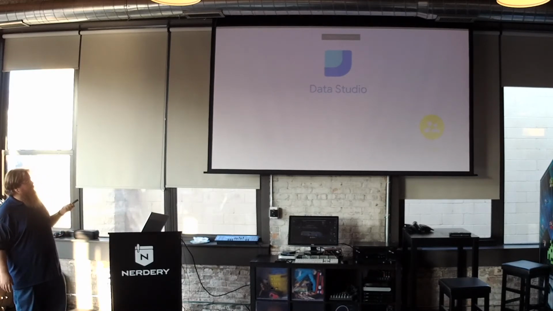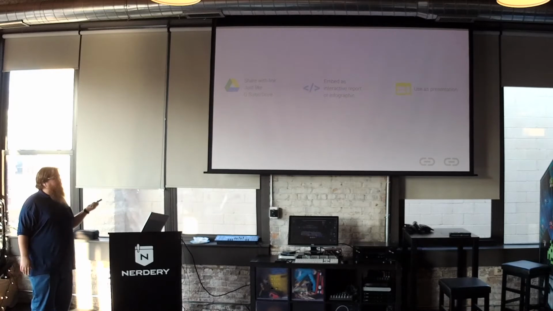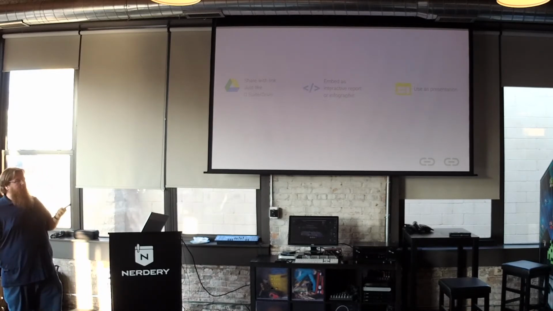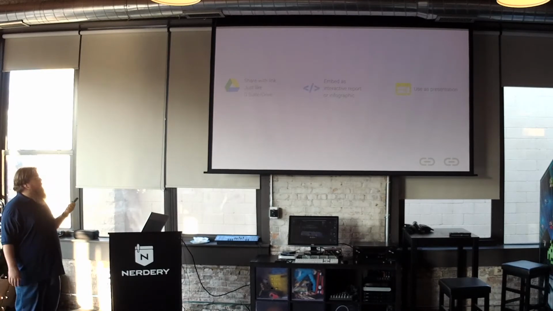So then you can share your data. As I said earlier, you can embed it into a website. You can put it in as part of a presentation. You can share the link because it's literally a report that shows up in your Google Drive, or at least the connector does, if I remember correctly.